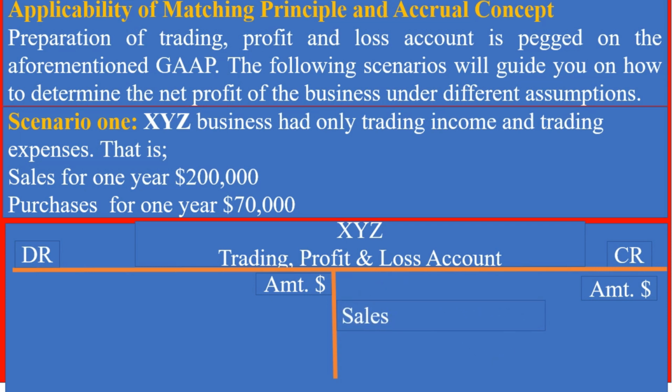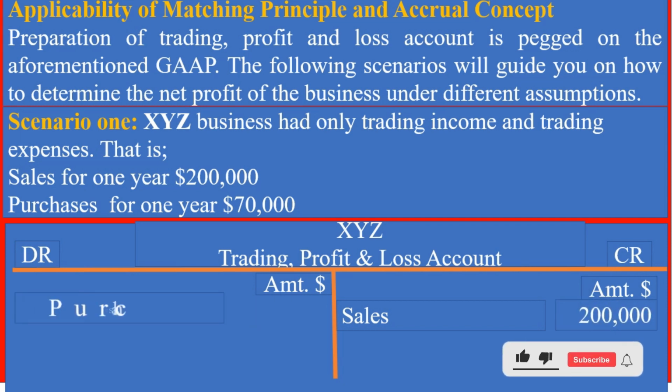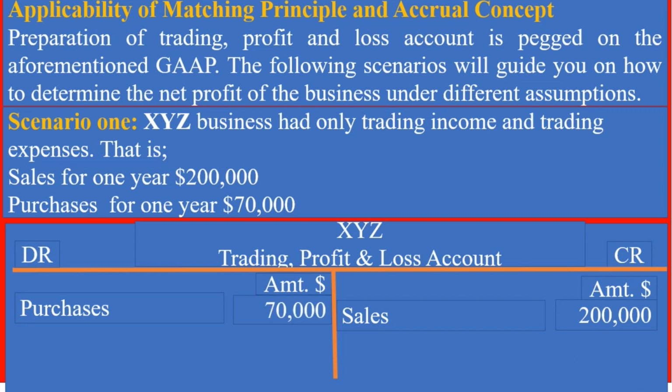Then we start with the entries of sales. Sales were amounting to 200,000, while on the other side we have purchases, whereby the amount was 70,000. Now that there are no opening and closing inventory, and no operating expenses or operating incomes, we have only those two aspects, that is income of trading nature and expenses of trading nature.